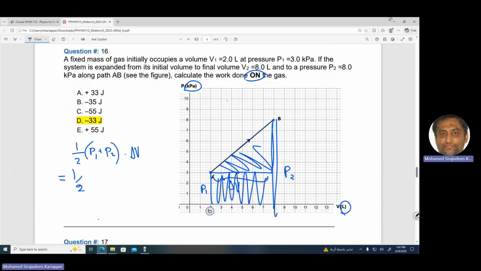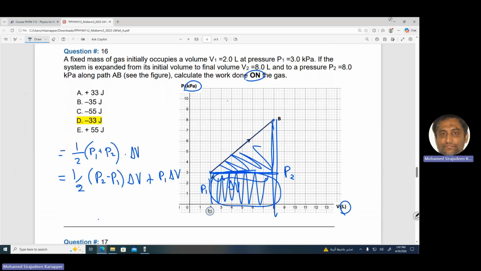Half into this H, which will be (P2 minus P1), multiplied by delta V, plus the area of this rectangle, which will be P1 delta V. One can show these both are the same.